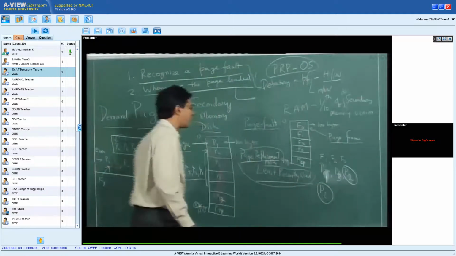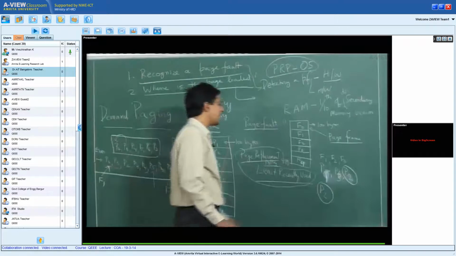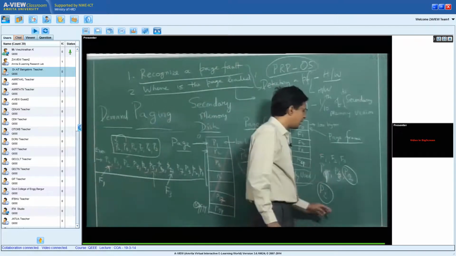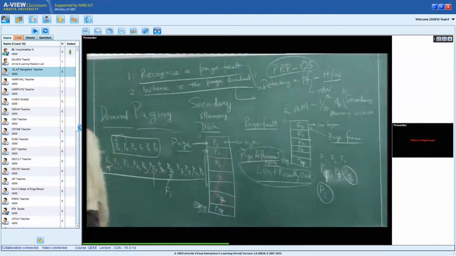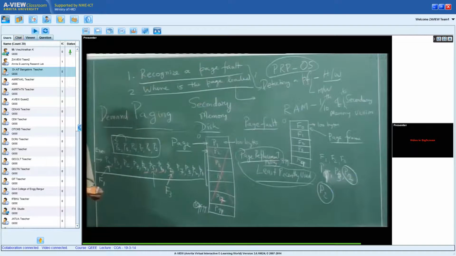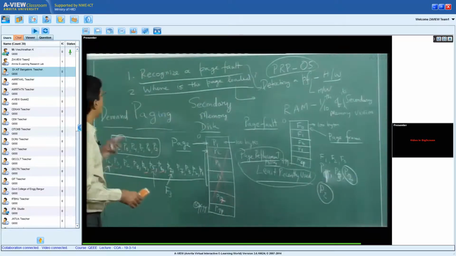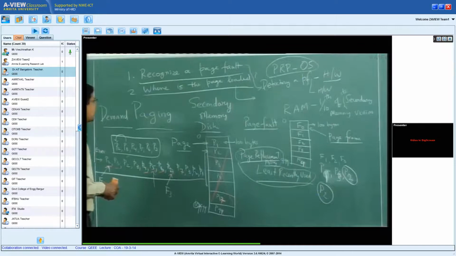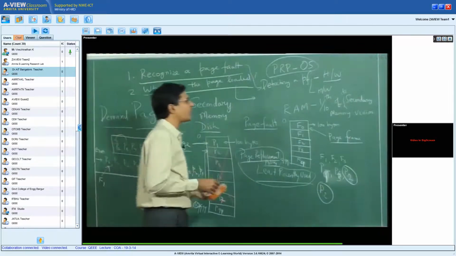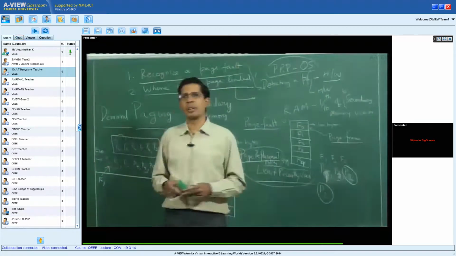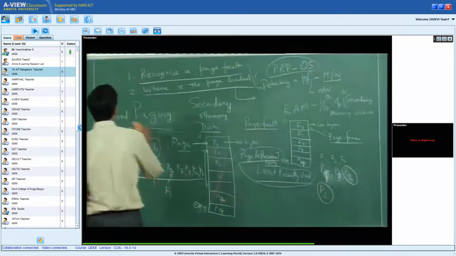For example, page P2 was initially loaded into frame 1 and later into frame 3. In the next 10 minutes we will explain how a page fault is recognized, and if the page is already loaded, how I find the frame where it is loaded.